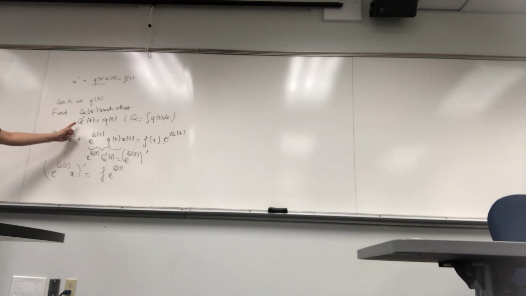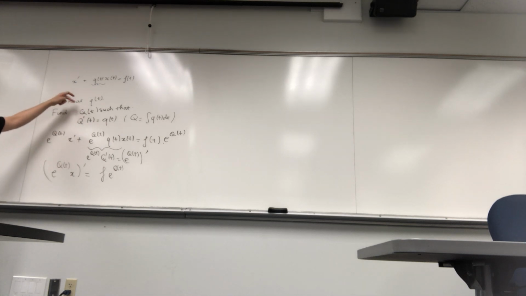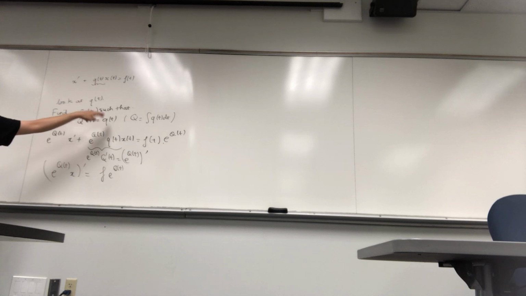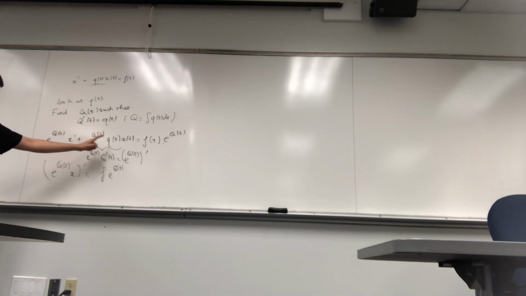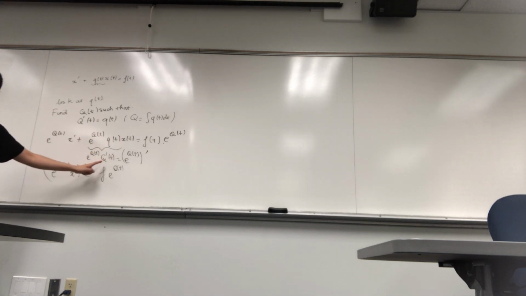After you find the function capital Q such that its derivative is equal to the little q(t), you multiply both sides of the equation by e to the Q. What you get is e^Q times small q, but small q is capital Q prime.